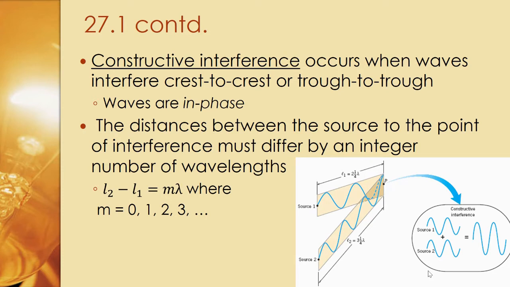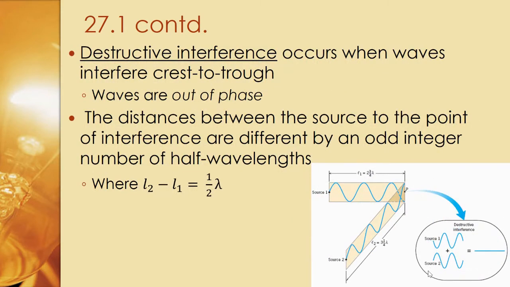If you have two different sources of light, for example, and you want those waves to interfere constructively, the distance between the source and the point of interference, where you want them to actually constructively interfere, has to differ by an integer number of wavelengths. So your distance has to be a multiple of the wavelength in order to get constructive interference at the location you want.